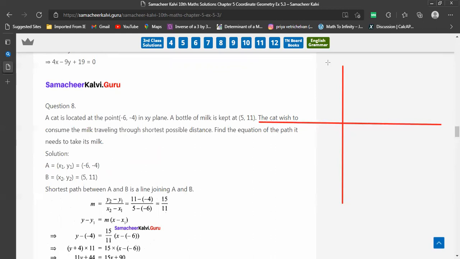This is the coordinate plane. (-6, -4) can be here. So the cat is on this point. Milk is kept at (5, 11), maybe here.